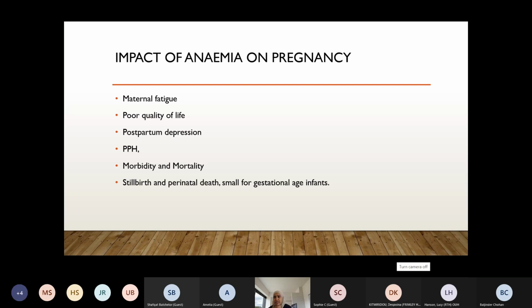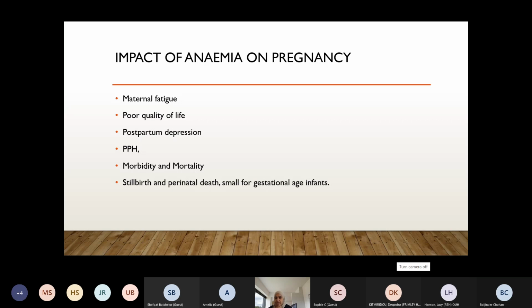There is also some association with PPH, but that is more with severe anemia, like hemoglobin of 85 or below. With severe anemia, there is a link with increased morbidity and mortality. But again, this large data is international data, and it is very difficult to extract exact data for the UK population.